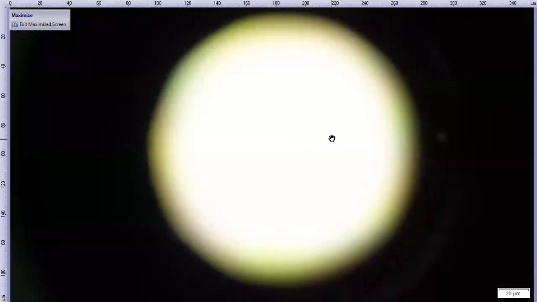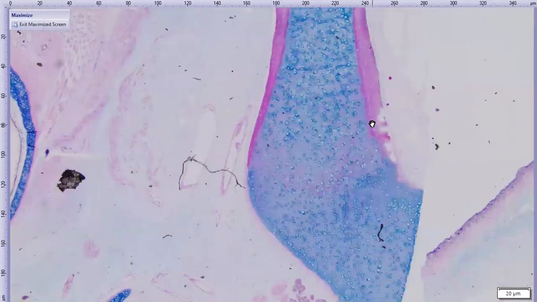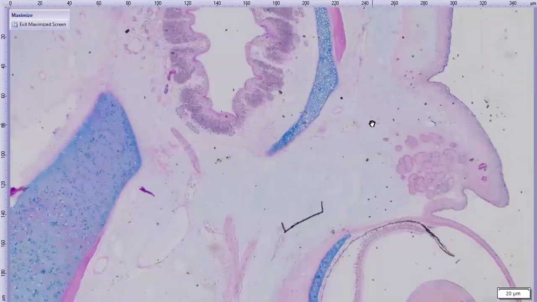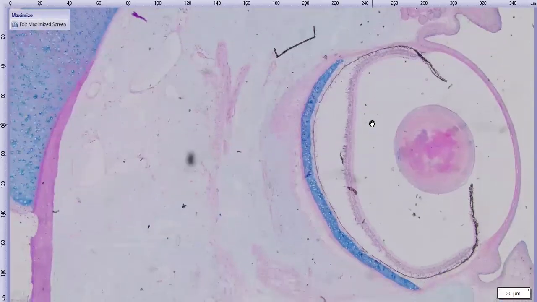This is an axolotl, a salamander-like amphibian. Here's the better eye. So cartilage.